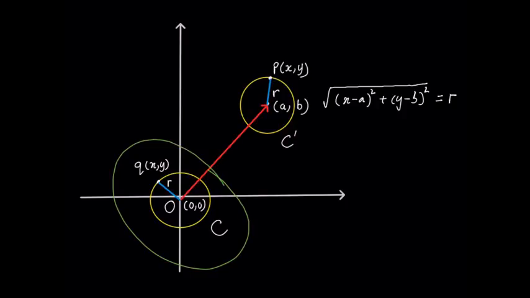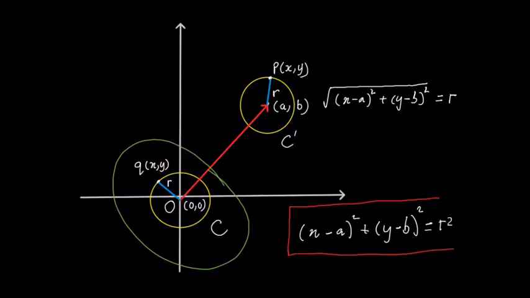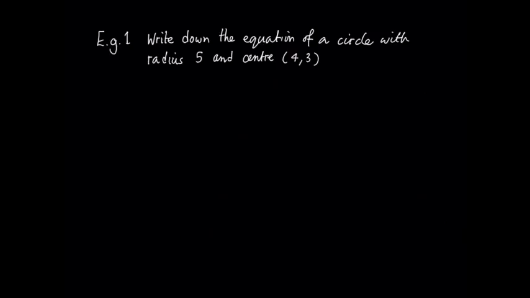Removing the square root as we did before, we'll have (x minus a) all squared plus (y minus b) all squared is equal to r squared. And that's our equation of the circle with a centre (a, b) and radius r. We'll take a look at a couple of examples of using this. In the first one, we'll write down the equation of a circle with radius 5 and centre at (4, 3).